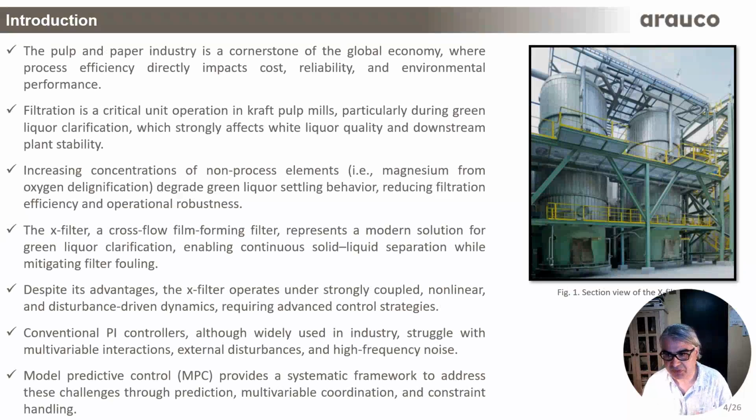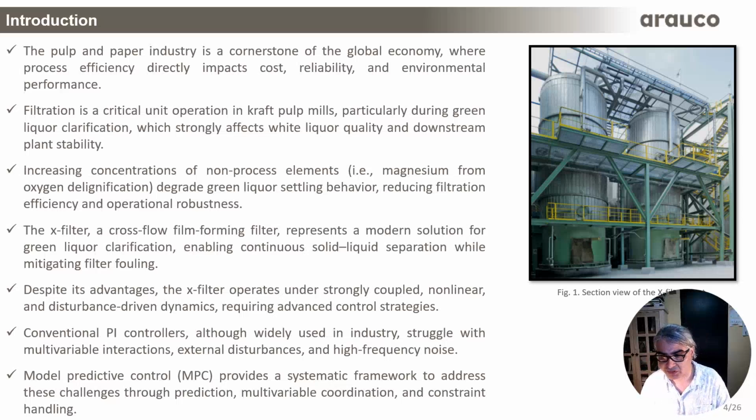The pulp and paper industry is a highly energy and resource intensive sector, where process efficiency has a direct impact on operational cost, product quality, and environmental performance. Within kraft pulp mill filtration, this machine plays a critical role, particularly in the clarification of green liquor between the recovery boiler and the causticizing plant.